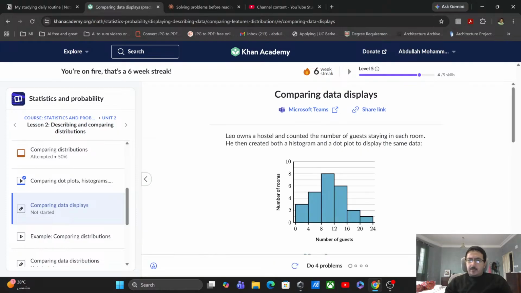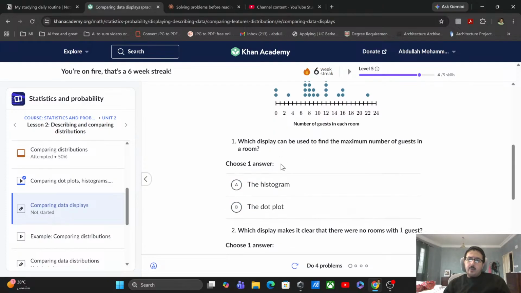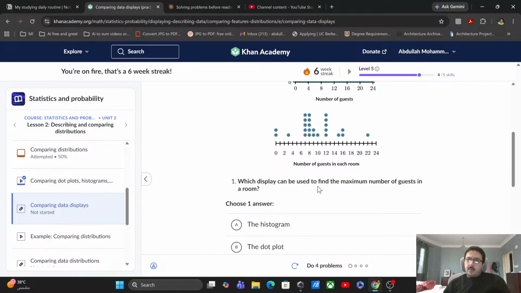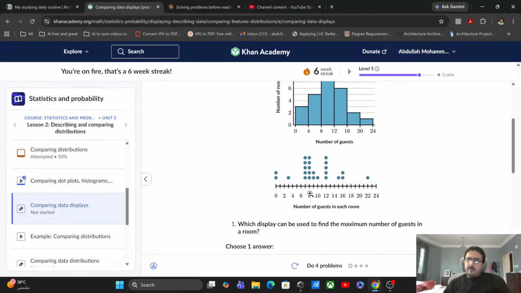Okay, let's practice. Which display can be used to find the maximum number of guests in a room? Histogram, no. Number of guests. The maximum number of guests in a room. 22.